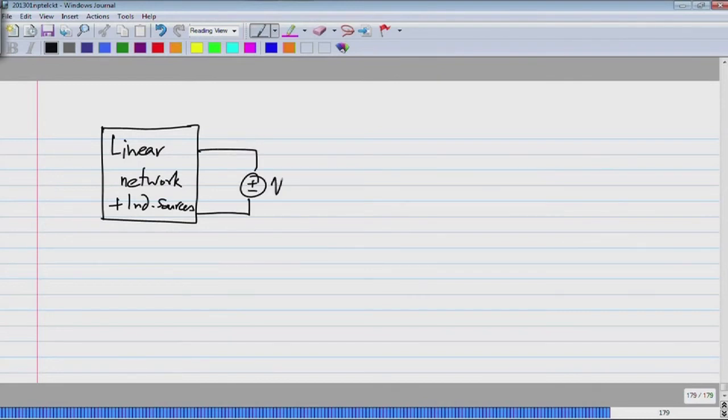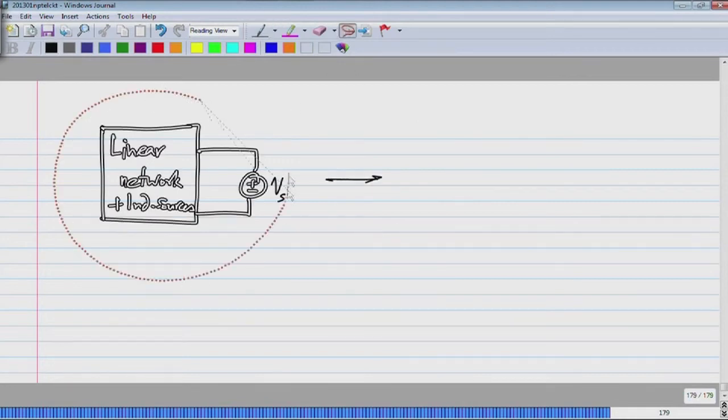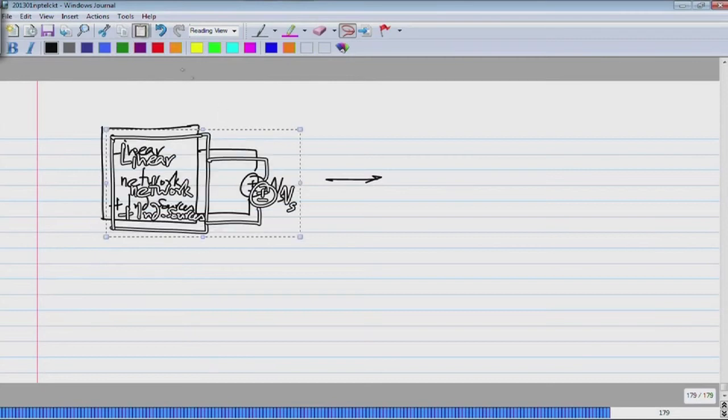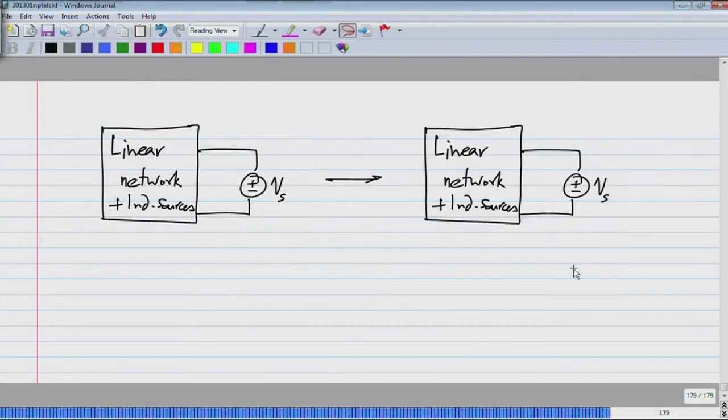And let me take a particular voltage source Vs. And then let's say I change only this voltage source value to Vs plus delta Vs. In general, all the branch voltages and currents inside this will change. So is there an easy way of computing only the changes without redoing the circuit analysis?